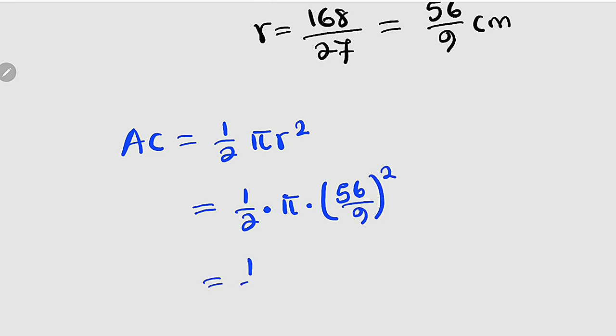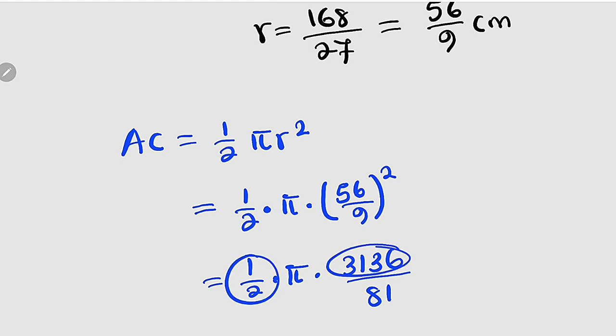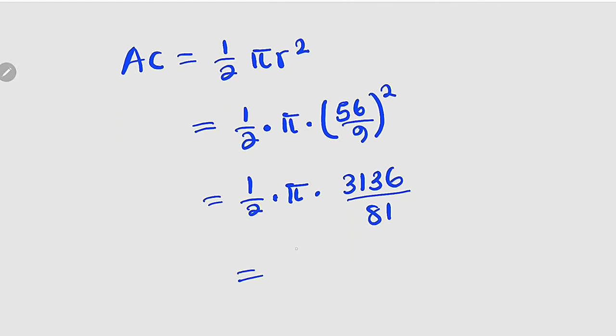So this is equal to 1 divided by 2 multiplied by pi multiplied by, what is 56 squared? 56 squared is 3,136, divided by 9 squared, which is 81. Then half of this, because we have 1 over 2 here, if you divide it by 2, you're going to get 1,568. So this is 1,568 pi divided by 81. The unit is cm squared. And hence, this is said to be the area of that semicircle.